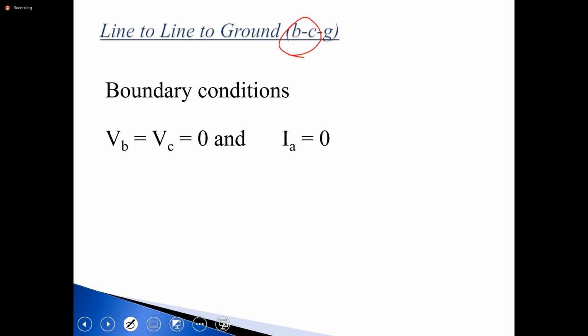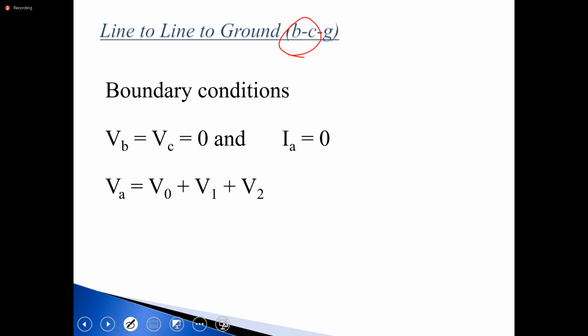And of course, as we showed before, the unfaulted phase relative to the two faulted phases would have a current of 0. So we say that IA is equal to 0. All right? Now, based on these boundary conditions, whereas for the line to ground we considered the currents, for the double line to ground we're going to be looking at the voltages.